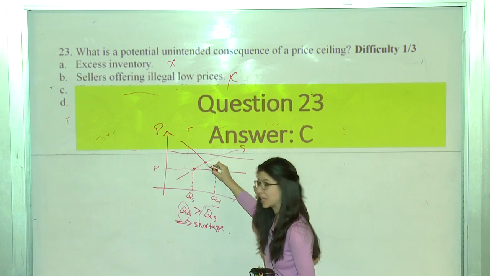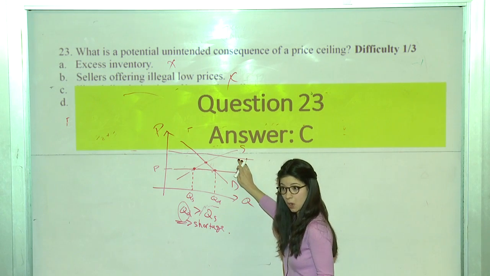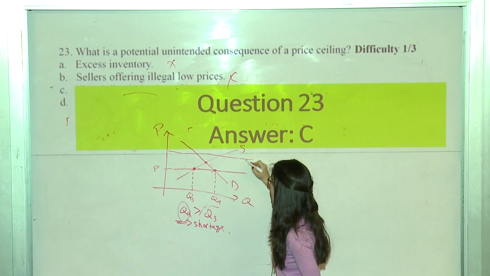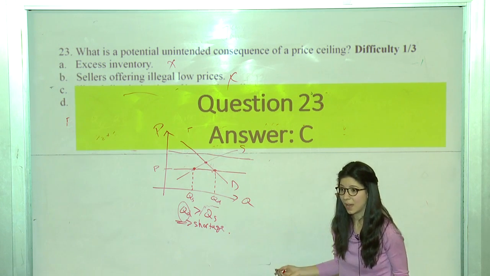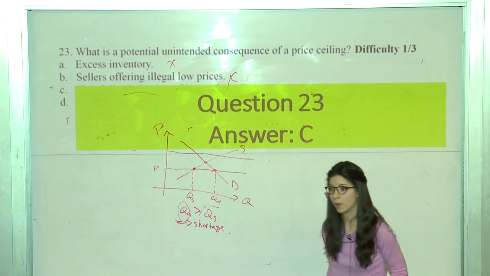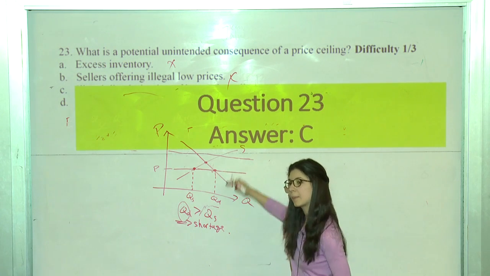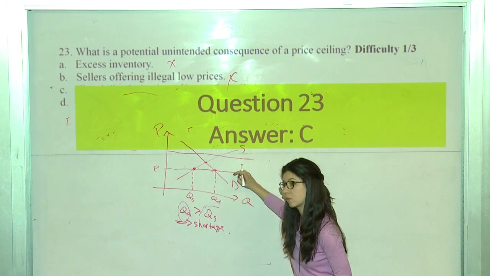If I'm told that I can't go above this line, well, that's very nice to know, but I don't especially care because I want to be down here. So if I were to face a ceiling that's up here, it wouldn't be binding. I wouldn't bother to refer to it as anything in particular because I'm interested in a point way below. So we call it a ceiling when it actually stops us from moving up, when we want to move up.